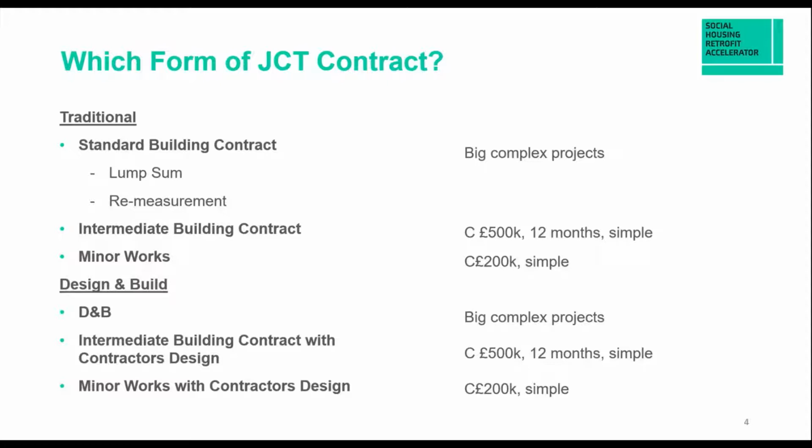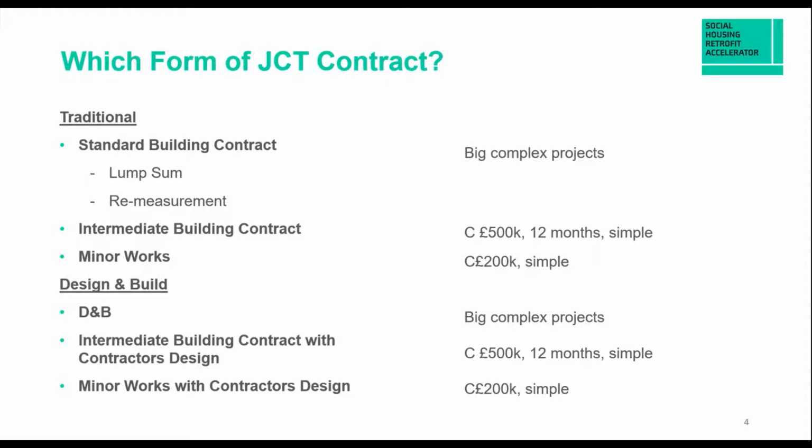And then the form suitable for the simplest work would be the minor works, so for low value works and projects really. With the standard building contract, there are also two versions. Whilst the contracts share similar terms, the difference is really the way the contract price is determined and how the contractor is paid. So you'll see there one being a lump sum and the other being a remeasurement.